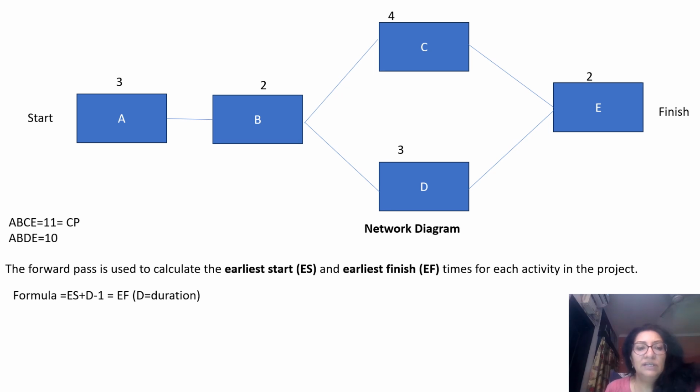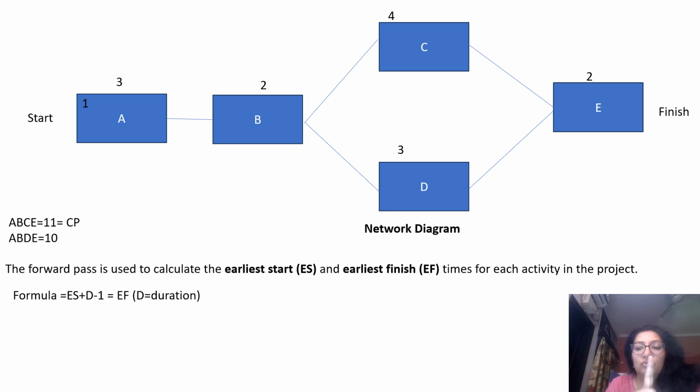So this activity has a duration of 3 days. So say it starts on day 1. And yes, this is the early start. All the corners at the upper left-hand side are early starts of the activities. So the first activity A will start on day 1.